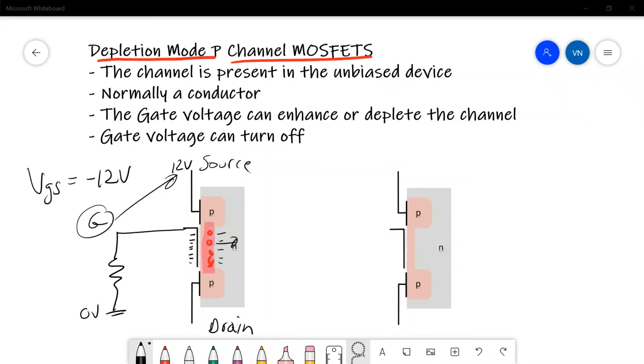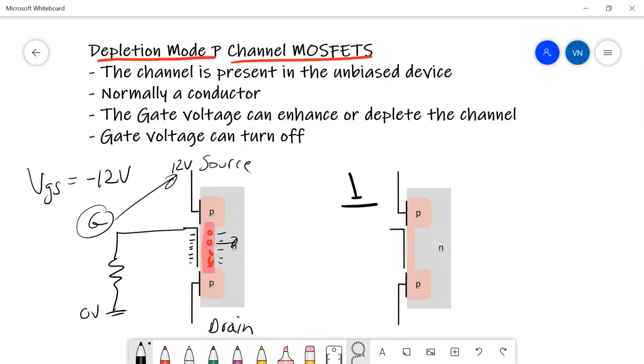If a negative VGS widens the channel and enhances conduction, then a positive VGS should narrow the channel and deplete conductors. So let's see if that happens. Let's say we take the gate and make it more positive than the source. Then this will become positive in this area, and it will draw in more electrons.